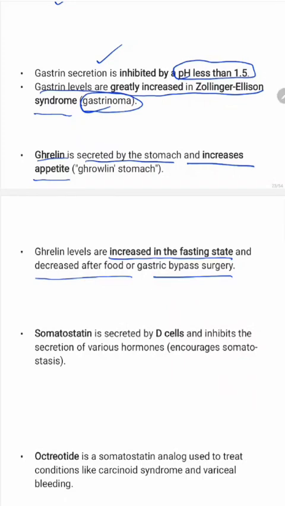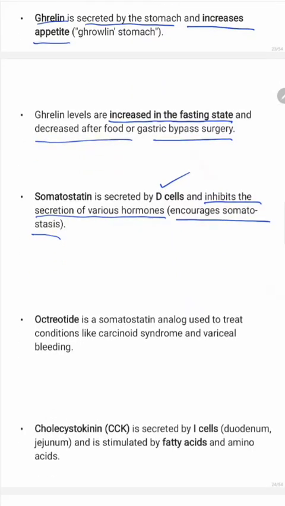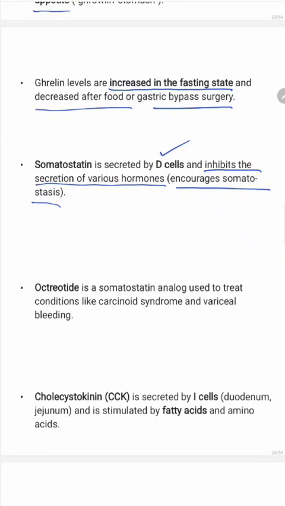Then somatostatin is secreted by D cells and inhibits the secretion of various hormones. Okay, now octreotide. So octreotide is a somatostatin analog and it is used to treat conditions like carcinoid syndrome.